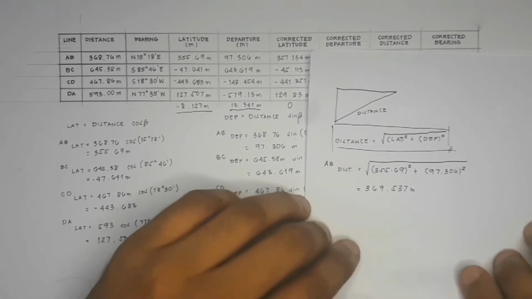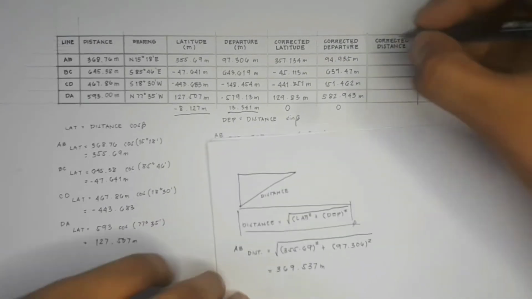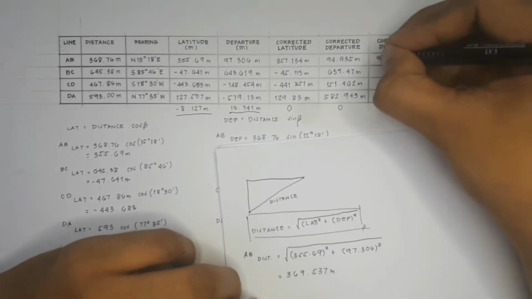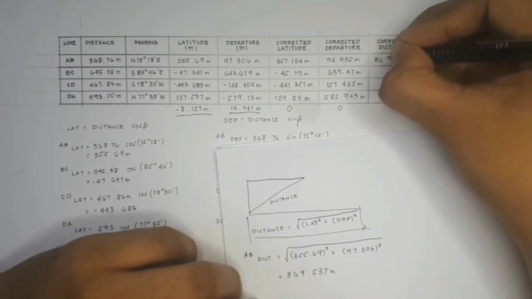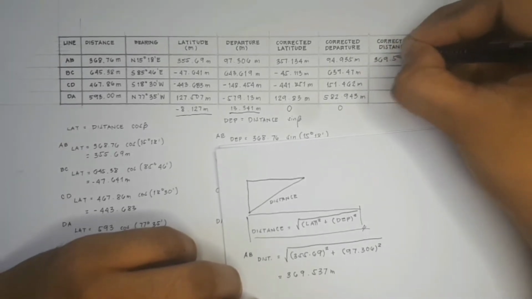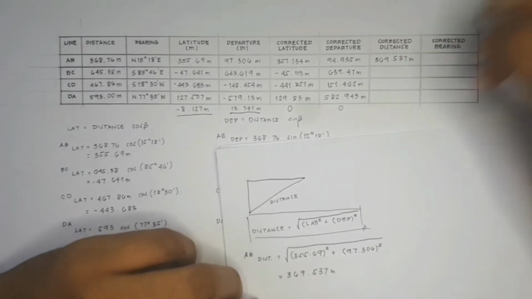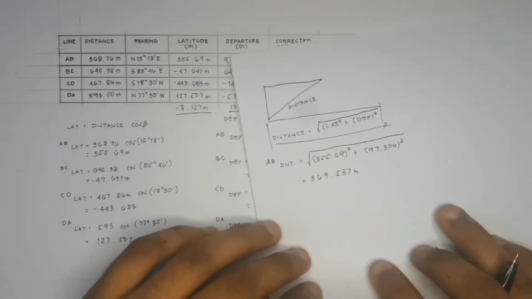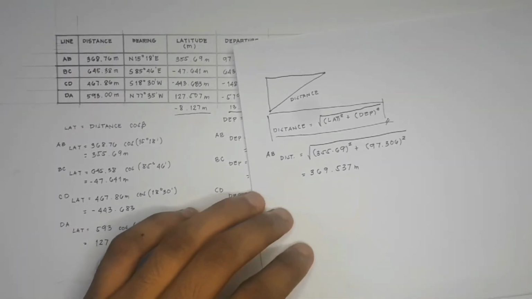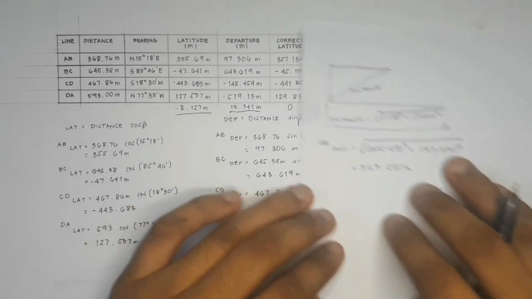So this is our corrected distance for line AB. So we are going to compute the remaining ones following the same procedure.